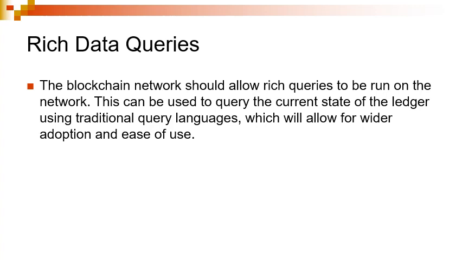Query means what information we would like to get from the blockchain, what the current state of the system is, and other different types of information that we can get by firing queries. And such rich queries should be supported using traditional query languages in Hyperledger, which will allow for wider adoption and ease of use.